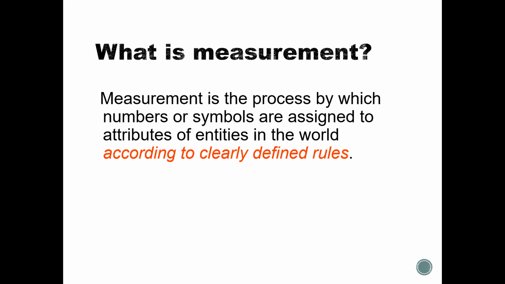This number is the measurement which represents an attribute, that is, the body temperature. So measurement is something by which you assign some numbers because you want to get some information, and we are going to see how we can get this information, and how we perform measurement in terms of software engineering.